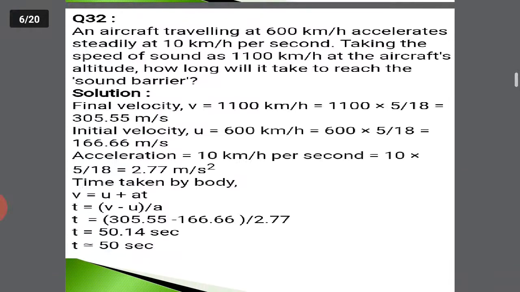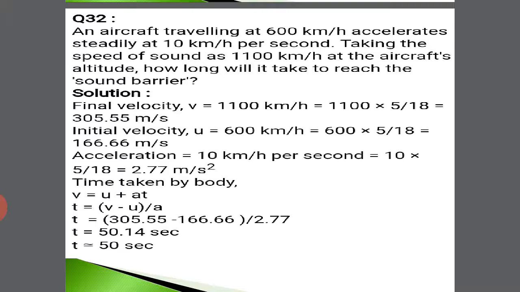Okay, next is an aircraft traveling at 600 km per hour that accelerates steadily at 10 km per hour per second, taking the speed of sound as 1100 km per hour at the aircraft's altitude. How long will it take to reach the sound barrier?